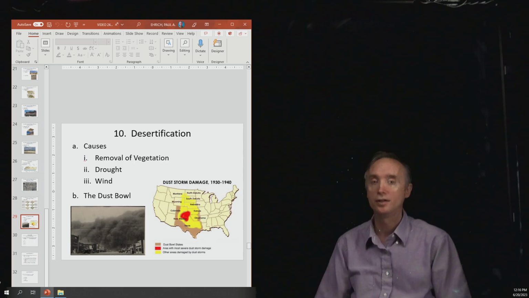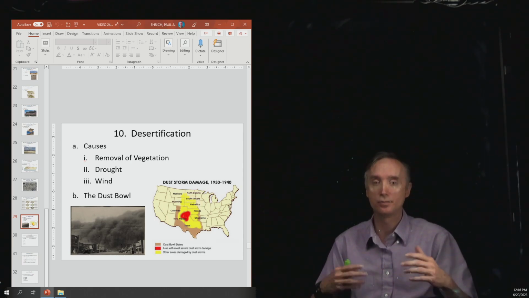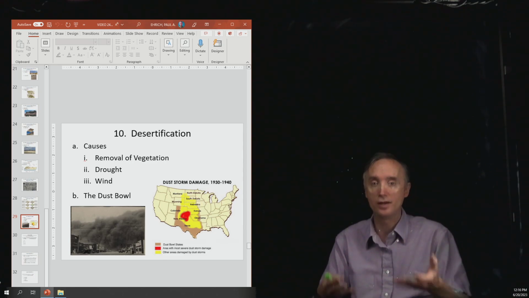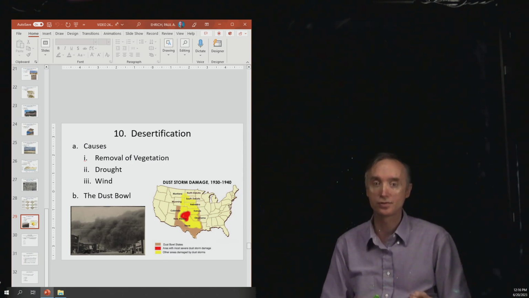Okay, then add to that wind. As wind systems were blowing across the plains region, it started to pick up this dust and raise it up into the air to make these colossal dust storms. That picture there shows you how gigantic these dust storms get.